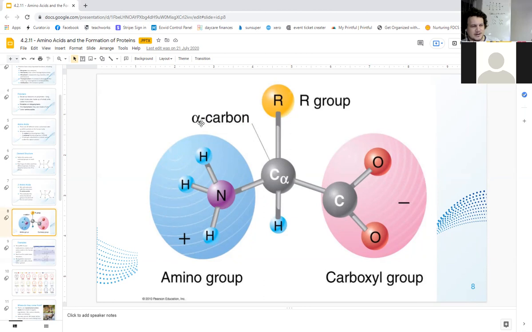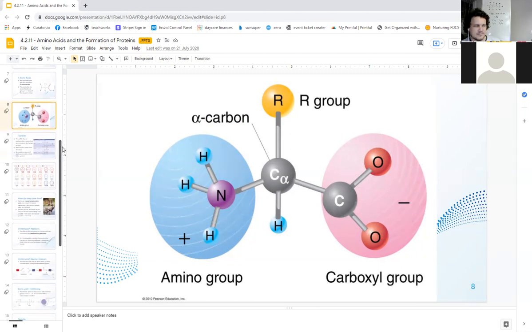On the right-hand side, we have the carboxyl group. And when they join together to start making the proteins, the amino group attaches itself to the carboxyl group. And just remember that.